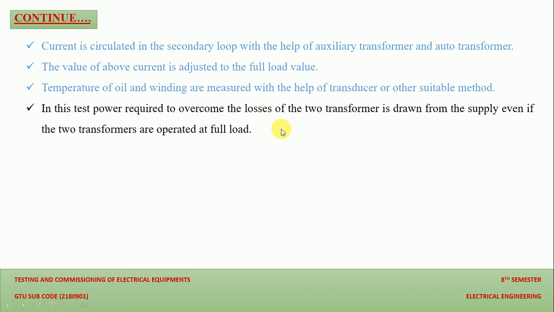In this test, the power required to overcome the losses of the transformer is drawn from the supply, even if the transformers are operated at full load. When the transformers are operated at full load, the output voltage, or the input-output ratio of the transformer, reaches the rated voltage level according to the value we give on the input side.